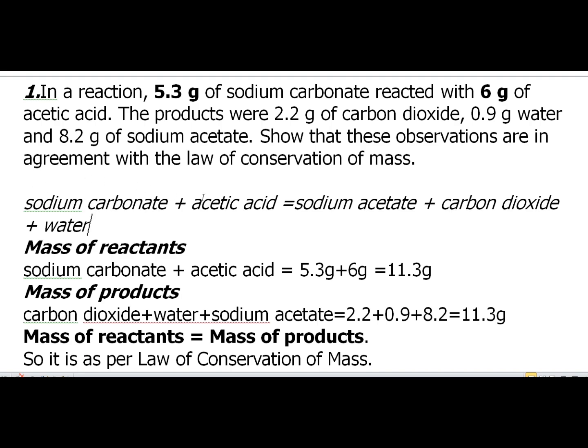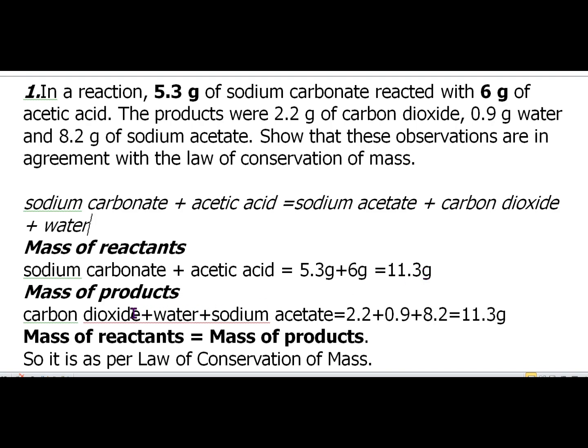Sodium carbonate plus acetic acid gives sodium acetate plus carbon dioxide plus water. Now the mass of the reactants, sodium carbonate plus acetic acid, is 5.3 grams plus 6 grams, which is equal to 11.3 grams.